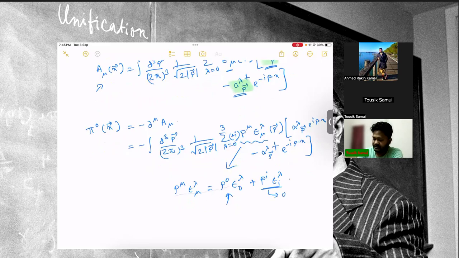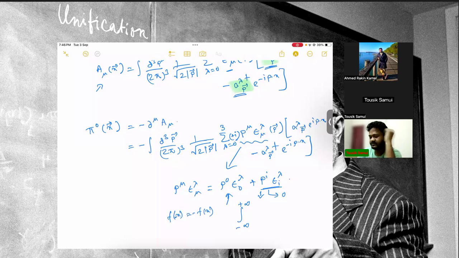Because the integration is from minus infinity to plus infinity, and the term is antisymmetric in p, so if we change p to minus p, it picks up a negative sign. For any function with the property that f of x is equal to minus f of minus x, we call it an odd function.